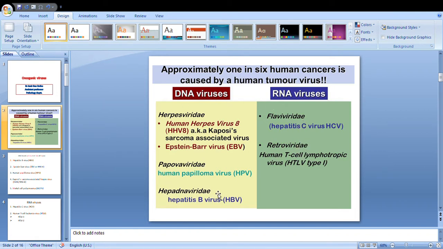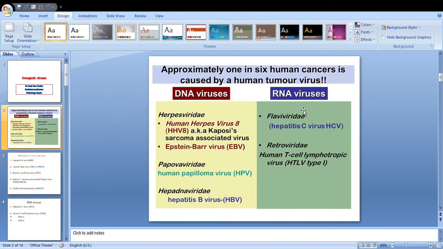So these are the different families, and the DNA viruses causing the tumors are the human herpes virus 8, the Epstein-Barr virus, the human papilloma virus, and the hepatitis B virus.